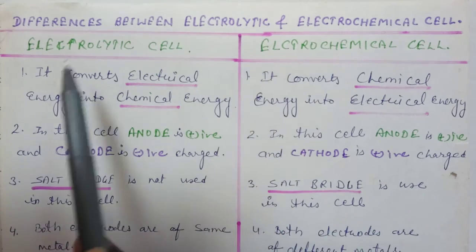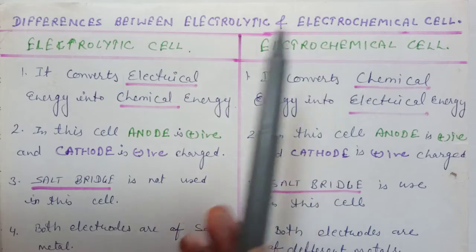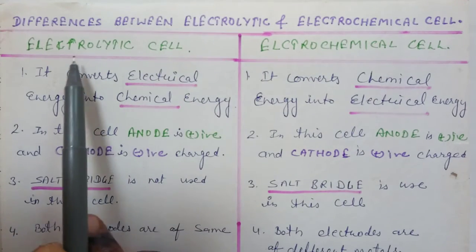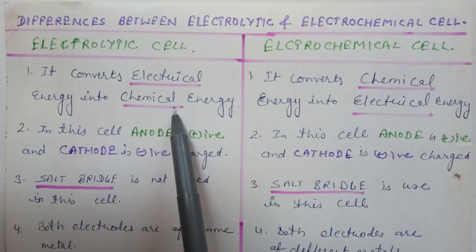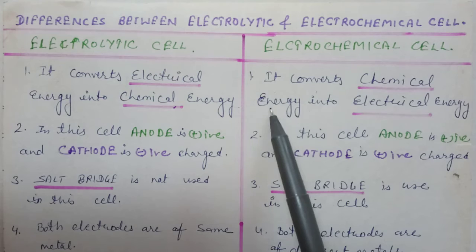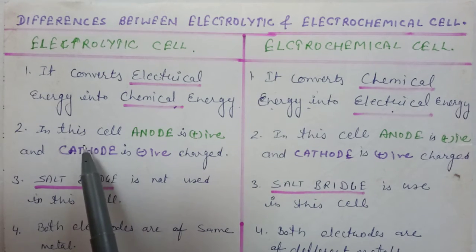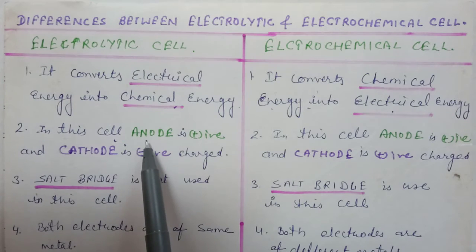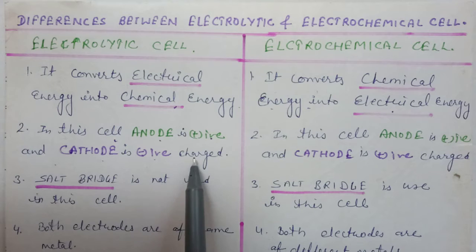Now we will discuss the differences between electrolytic and electrochemical cells. Very important: this is the electrolytic cell and this is the electrochemical cell. First, according to their definitions, an electrolytic cell converts electrical energy into chemical energy, while an electrochemical cell converts chemical energy into electrical energy. Second, in electrolytic cells, the anode is positive while the cathode is negatively charged.